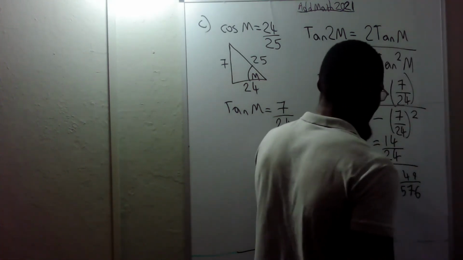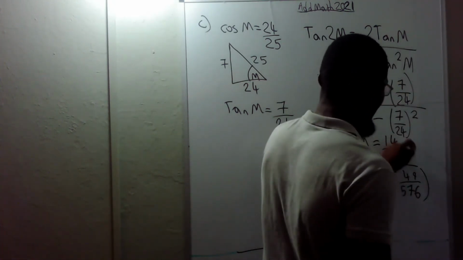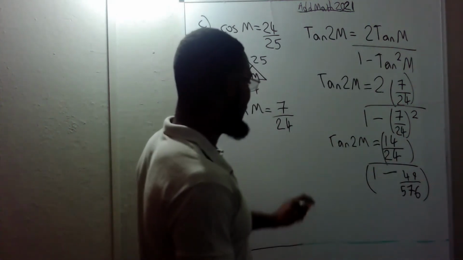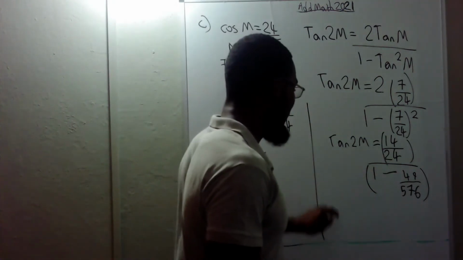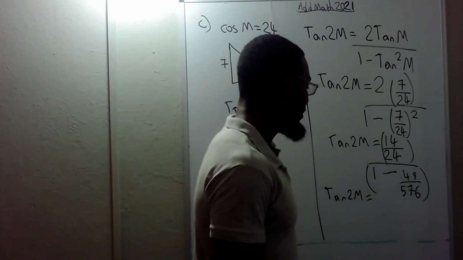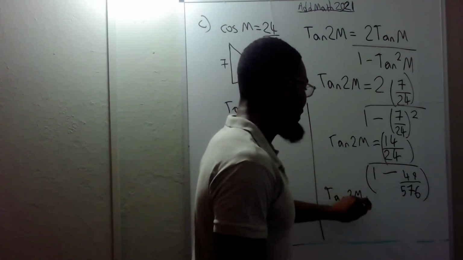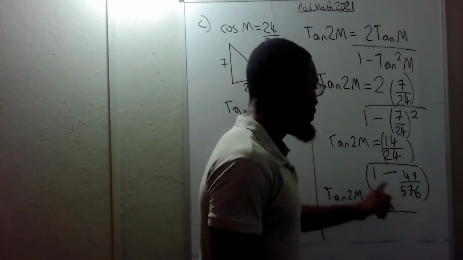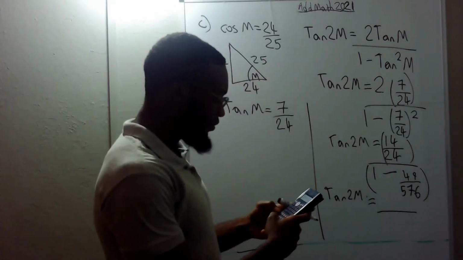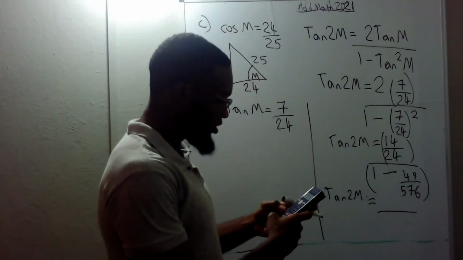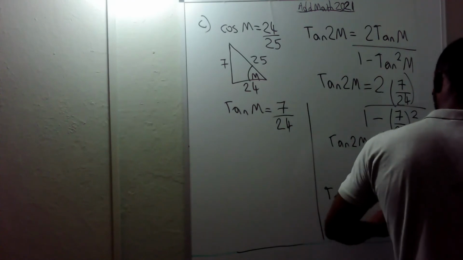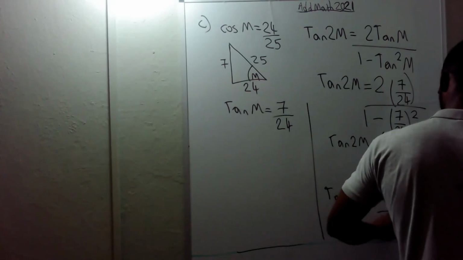So guys, let us put all of this in our calculator. If you have difficulties using a calculator, just do it like this: put in the numerator part first and see what you get, then work out the denominator part. The denominator part, 1 minus 49 over 576, is 527 over 576.